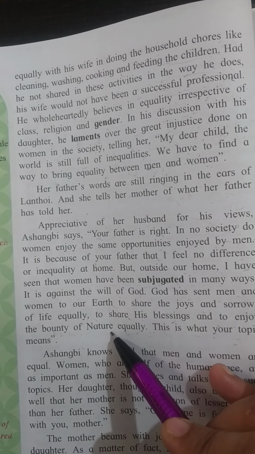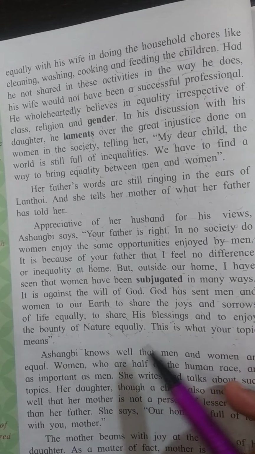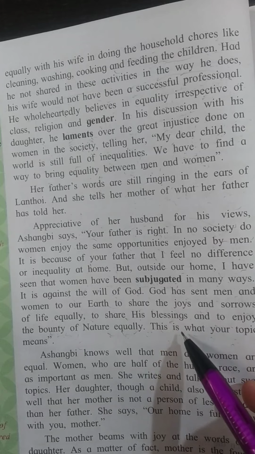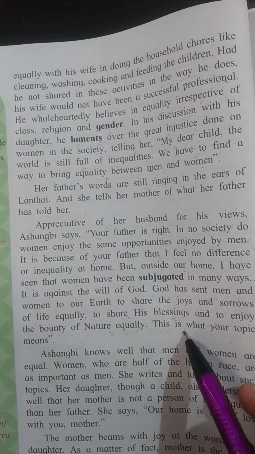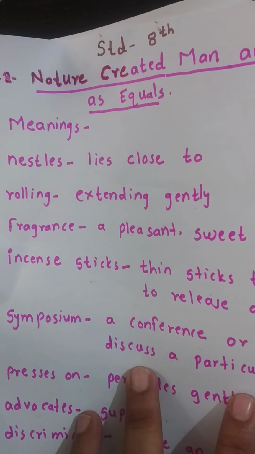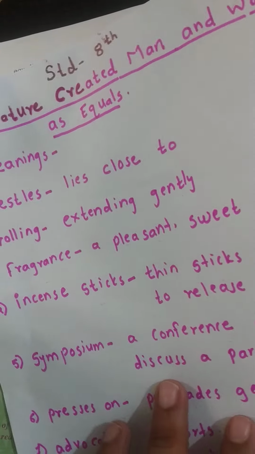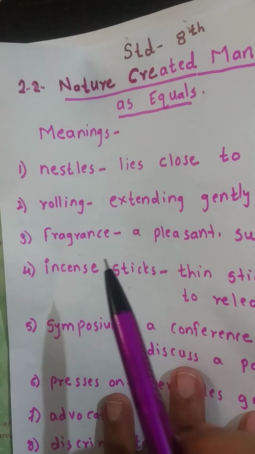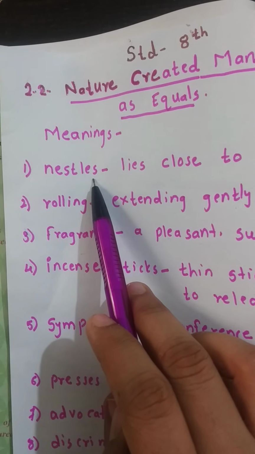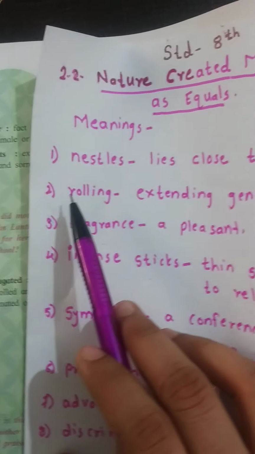Yes, I hope, students, that you all have understood so far. Now, let's take down the meanings of this part. See here. Meaning, first, naissance lies close to. Second is rolling.